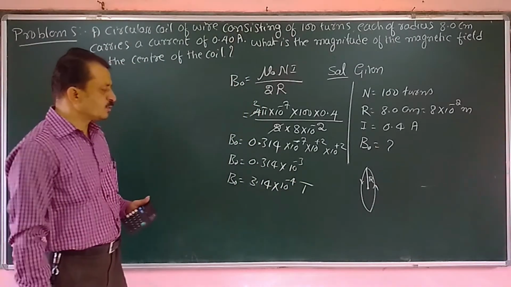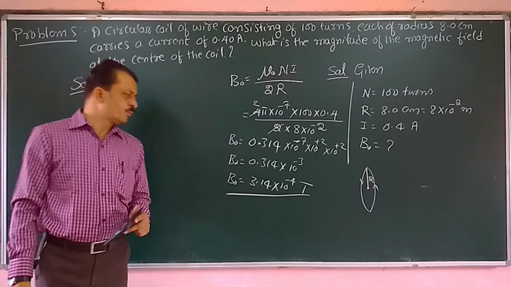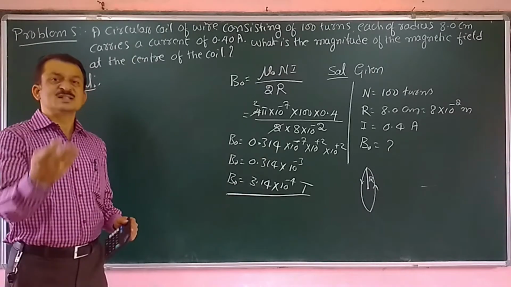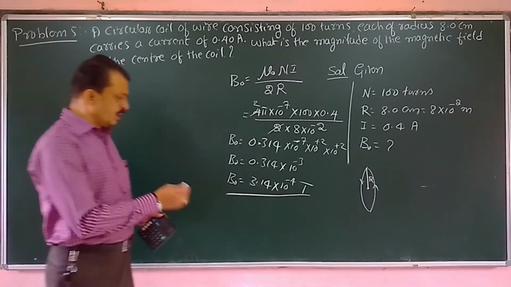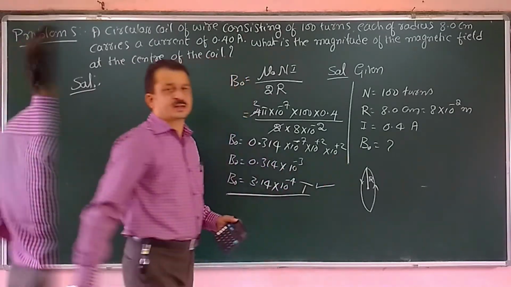That is the magnitude of the magnetic field at the center of the circular loop. And we are also familiar with what 10 raised to minus 4 Tesla is. It is 1 Gauss. 1 Gauss is 10 raised to minus 4 Tesla. But this is in SI unit.